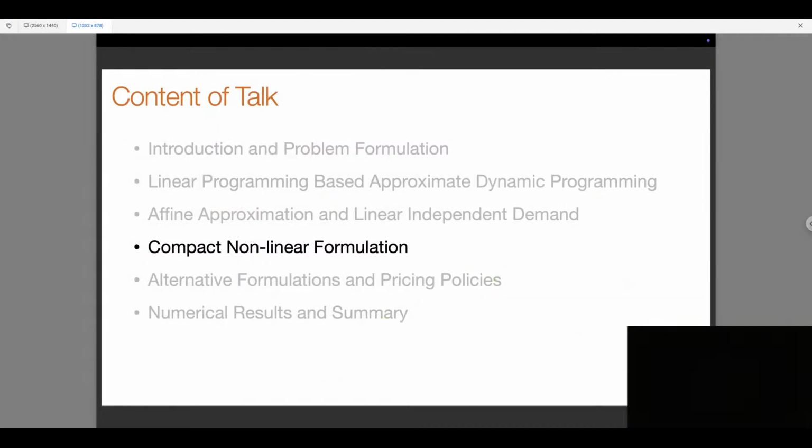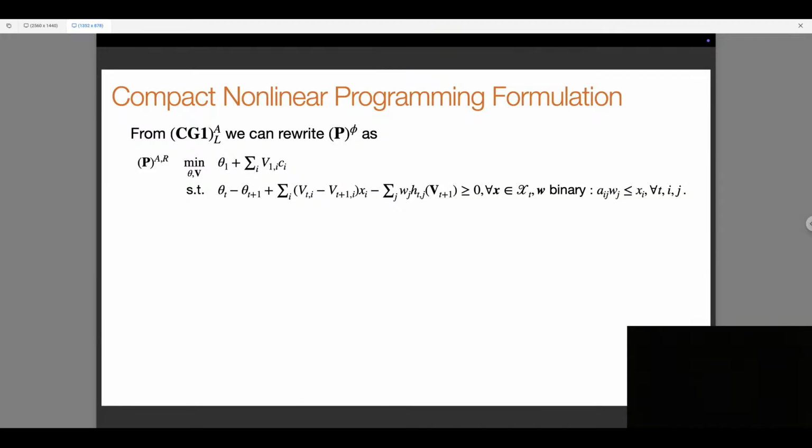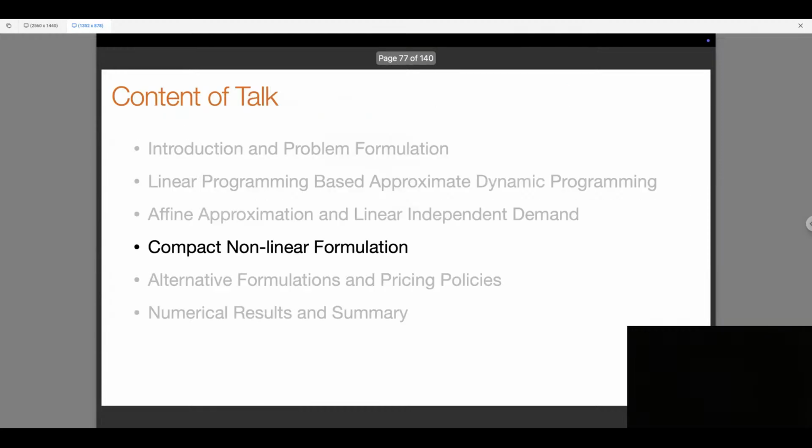And now we want to do some reformulation to avoid using the column generation. Instead, we're trying to establish a compact nonlinear formulation for this problem, one that could be nonlinear but can avoid using the column generation method.